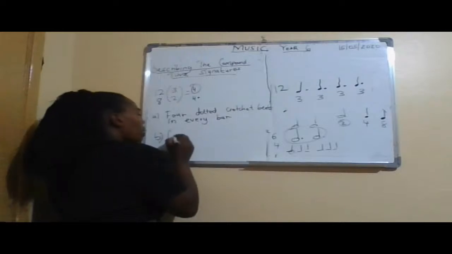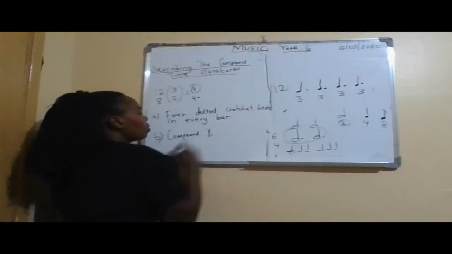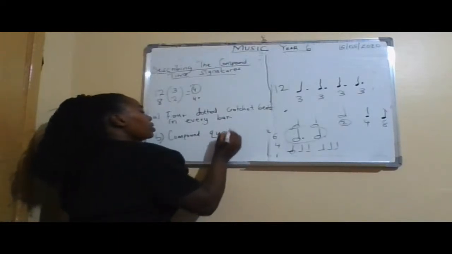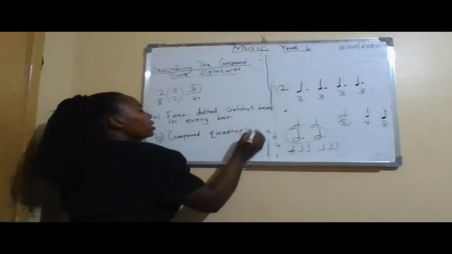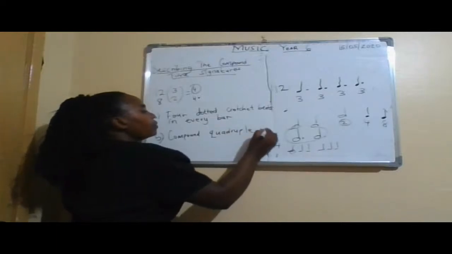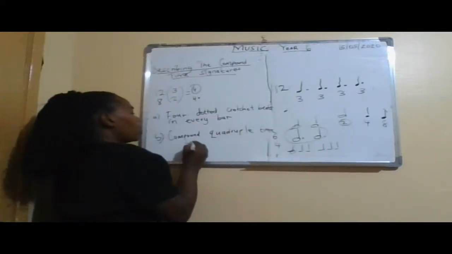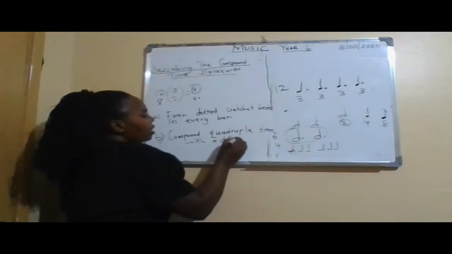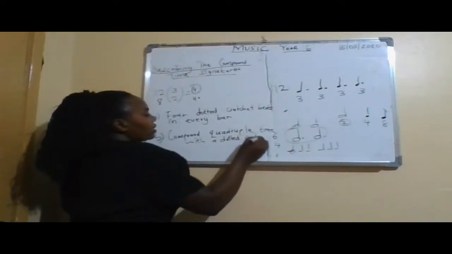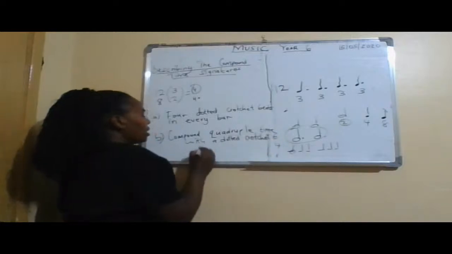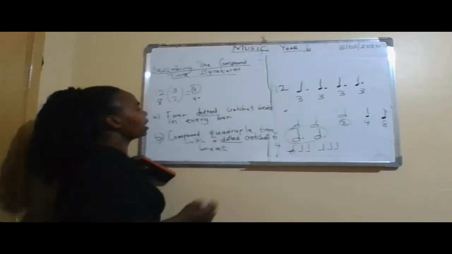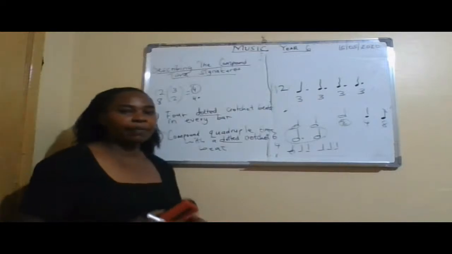So this is compound quadruple time with a dotted crochet beat. And again, don't forget the word dotted.